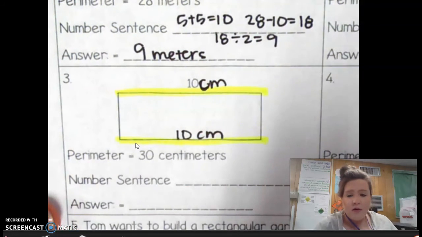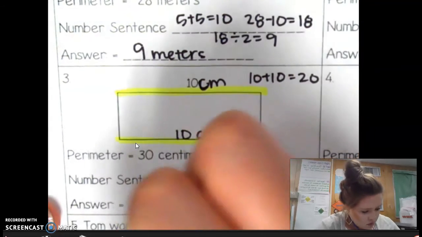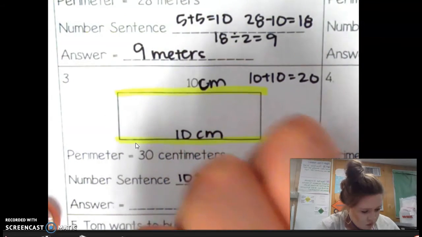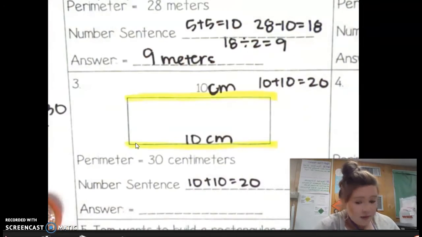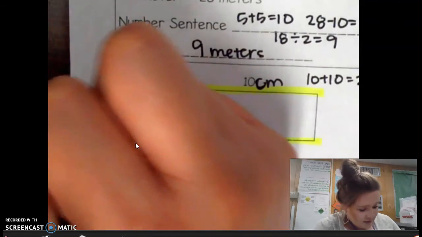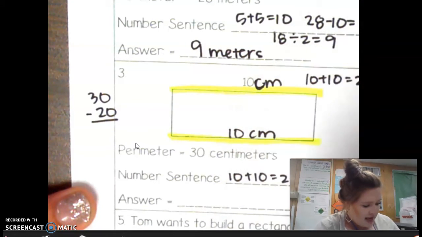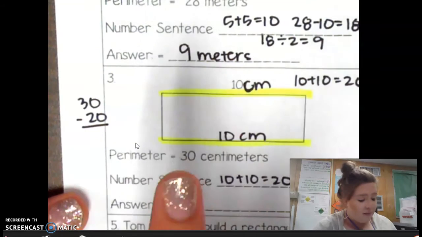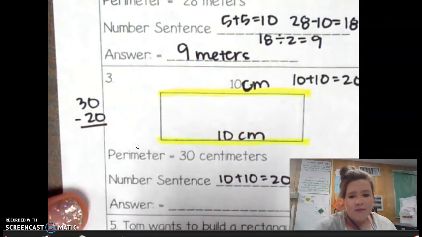What are we going to do now? Awesome, I'm going to subtract 30 minus 20, which equals 10. Awesome job. And then that means that them together are 10.